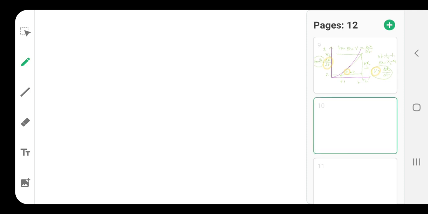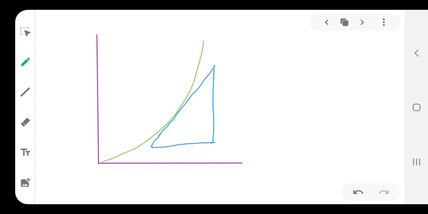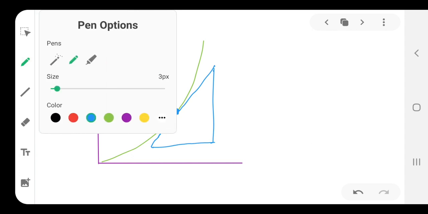Now we come to our differentiation again. One thing you can see clearly: as this is a curve, and if we choose a triangle like this to find the velocity here, the hypotenuse of this triangle is not following this curve, right?